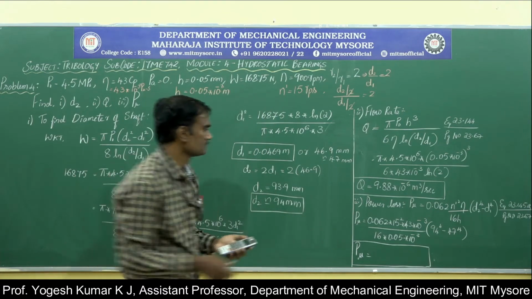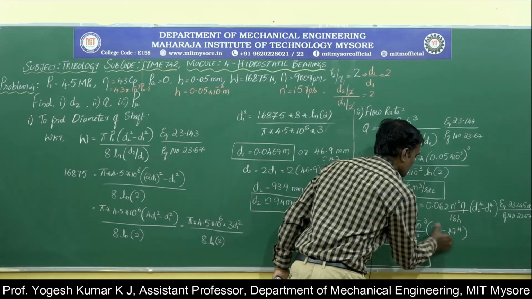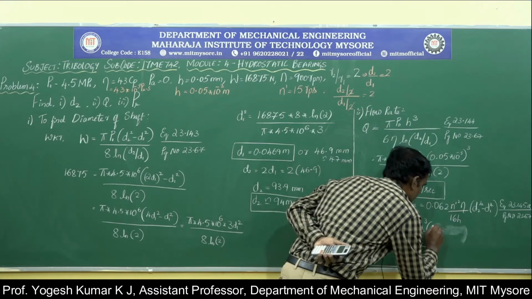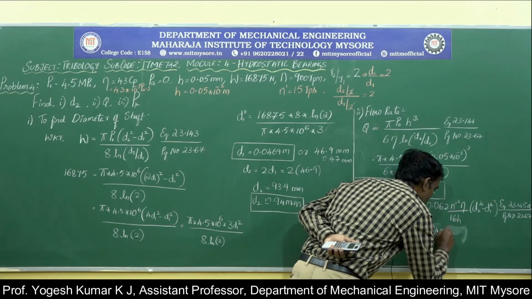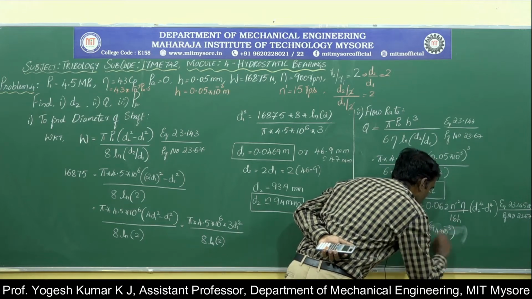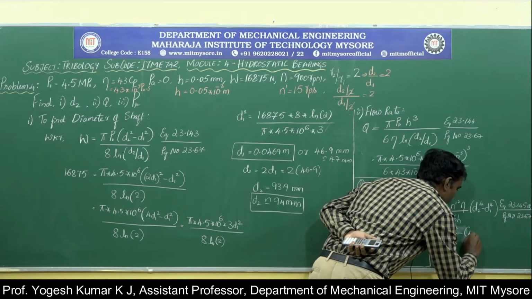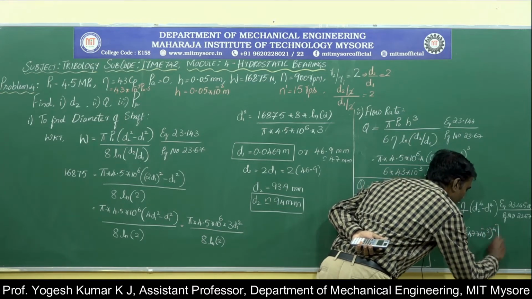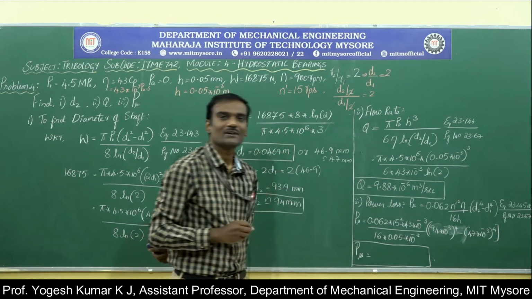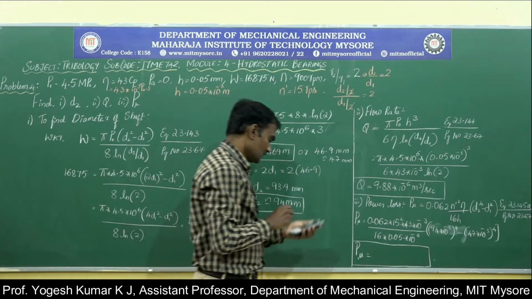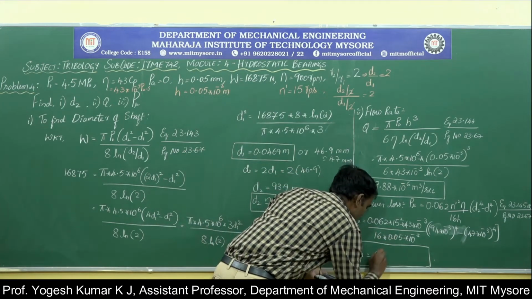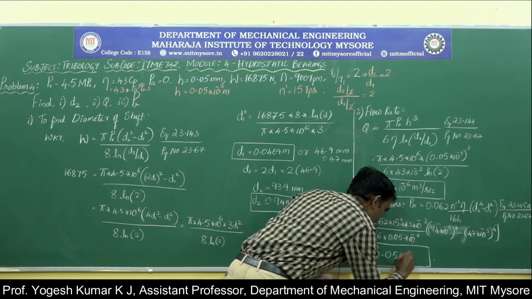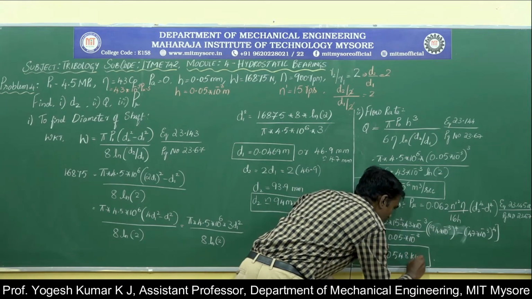So here it is 94 into 10 power minus 3 to the power of 4 minus 47 into 10 power minus 3 to the power of 4, because 94 and 47 are in millimeters. So on calculation we get 0.0548 kilowatts.